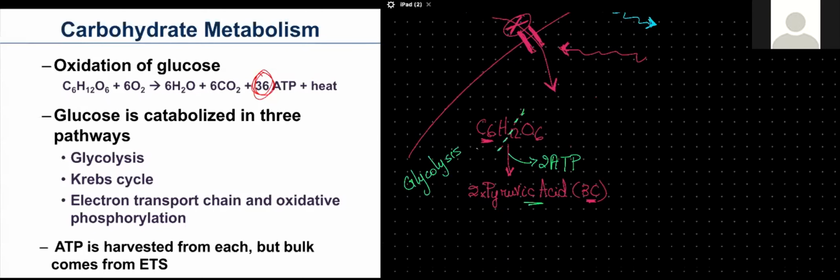So I did split the glucose without oxygen in the cytoplasm of the cell into 2 pyruvic acids.